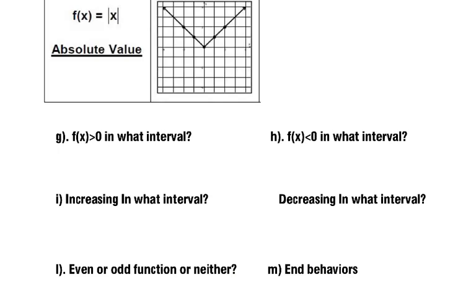For the absolute value parent function, in what interval is f(x) greater than 0? So I will draw the graph above the x-axis. I know here's the x, here's y. Then above the x-axis will be from here to here.